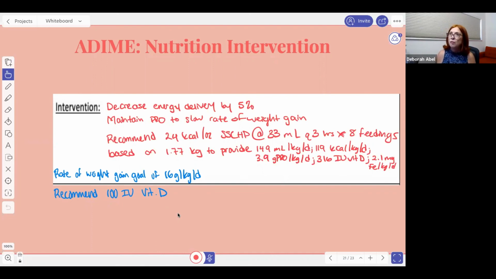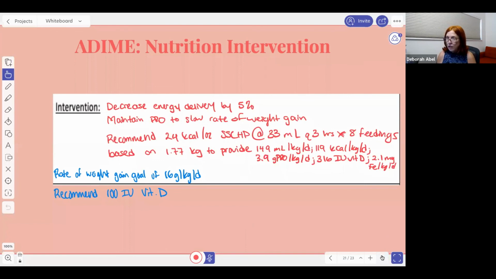You could go either way, depending on the baby and the hematocrit and the hemoglobin. So those are your nutrition interventions. They're kind of brief and short, but in just a few days, you'll be making recommendations again with this baby.